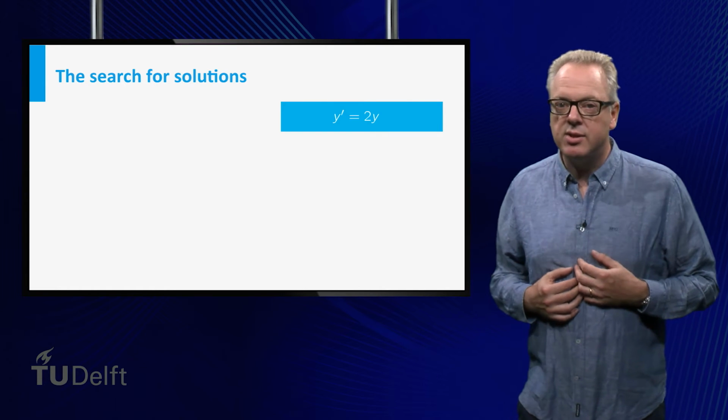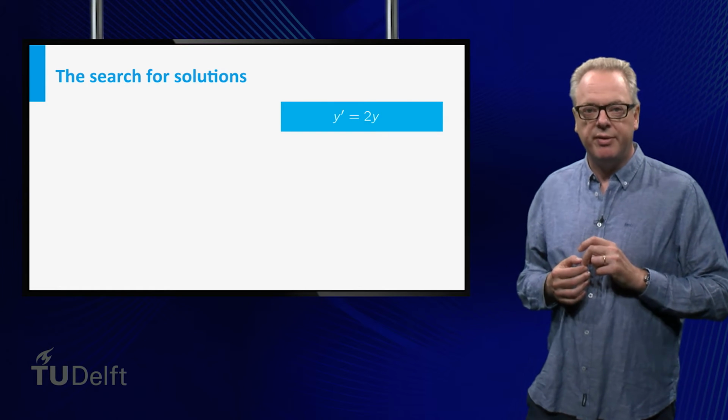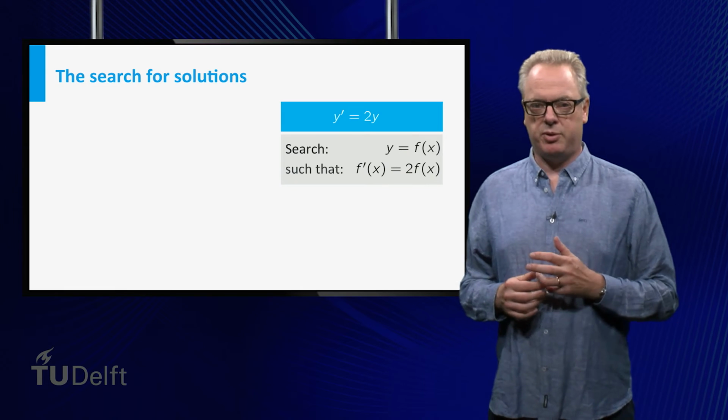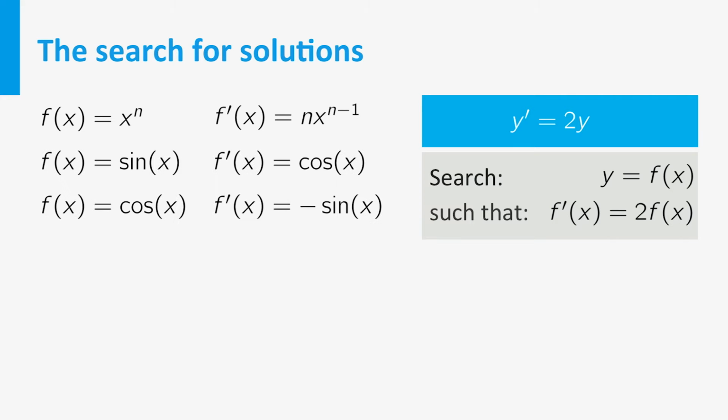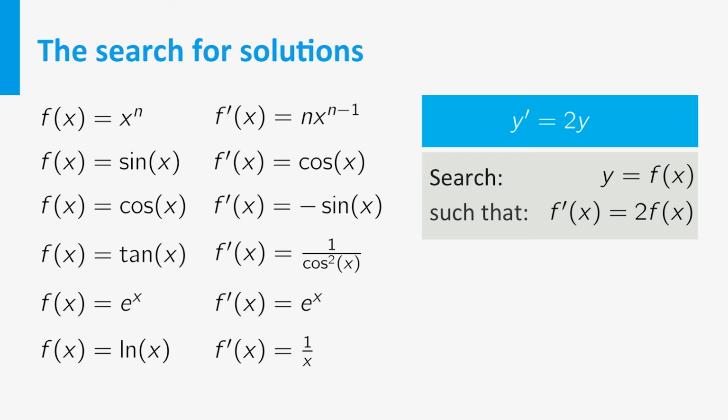In this case, a solution is a function whose derivative equals 2 times this function. Now you have to come up with a clever guess. Working through the list of standard functions you know, you will find one which comes near. Namely, y is equal to e to the power of x.